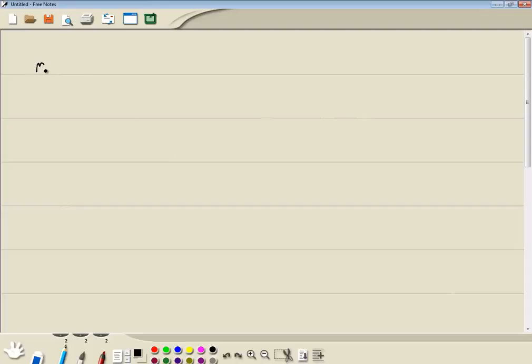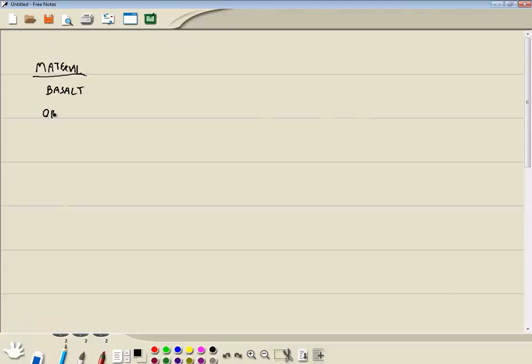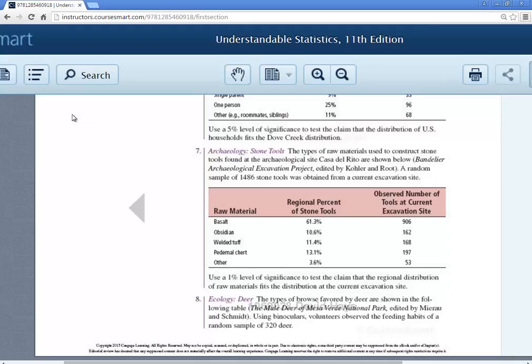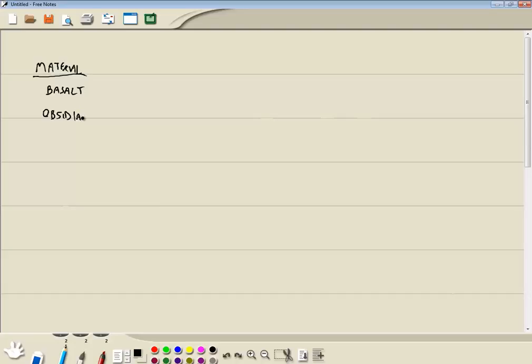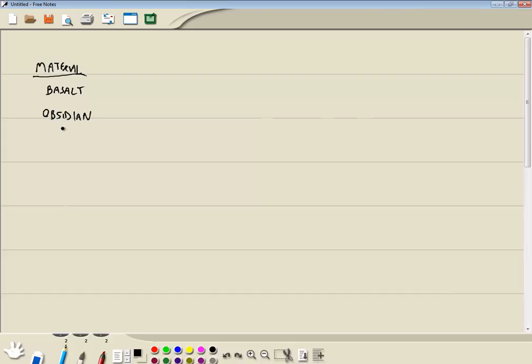So it looks like we got raw material. Basalt. Obsidian, I was saying those wrong. Welded tuff.